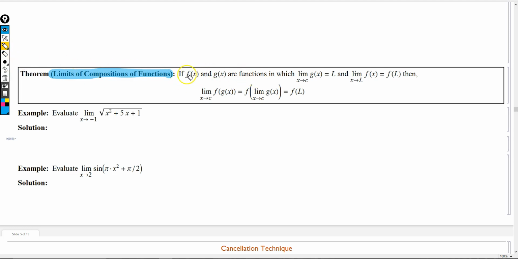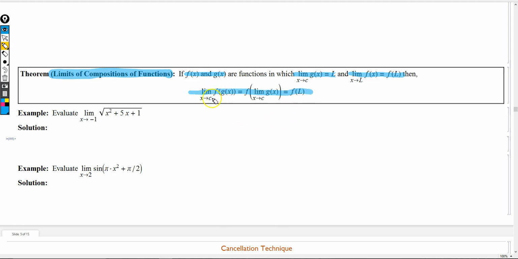So if f and g are functions in which the limit as x approaches c of g is L, and the limit as x approaches L of f is f of L, whatever that is, then you have the limit as x approaches c of f composed with g, or f of g of x, is f of the limit as x approaches c of g, which is f of L.